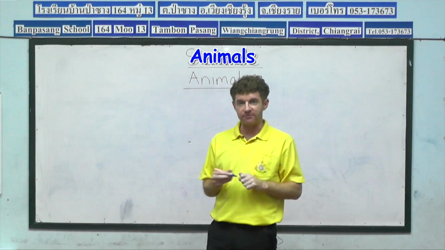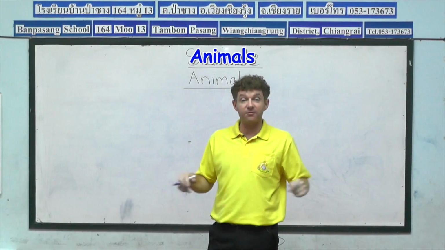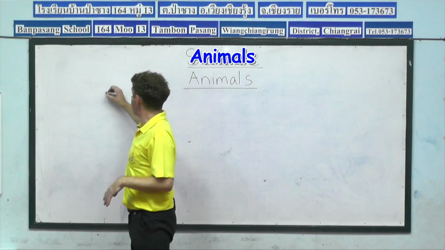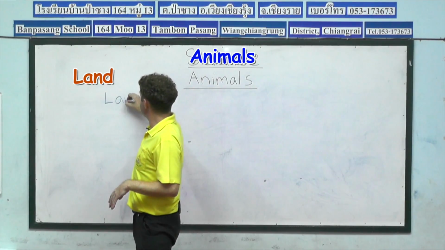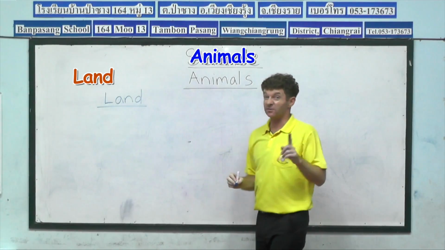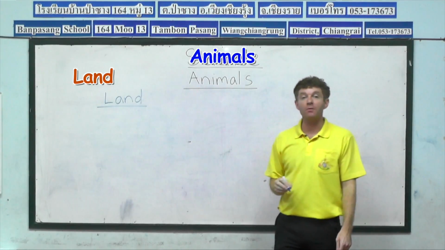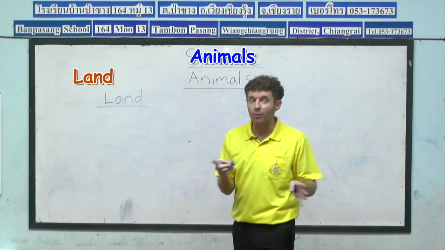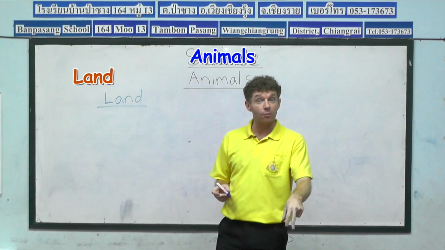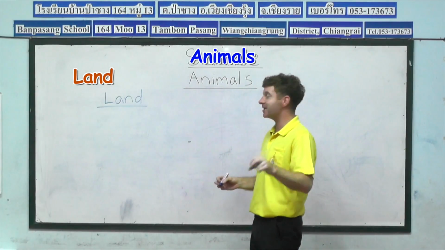Land. Yes, the first place, similar to ourselves, is on land. So land, L-A-N-D. Now, the second type are the animals that can swim. Yes, animals that can swim and breathe underwater are sea animals.